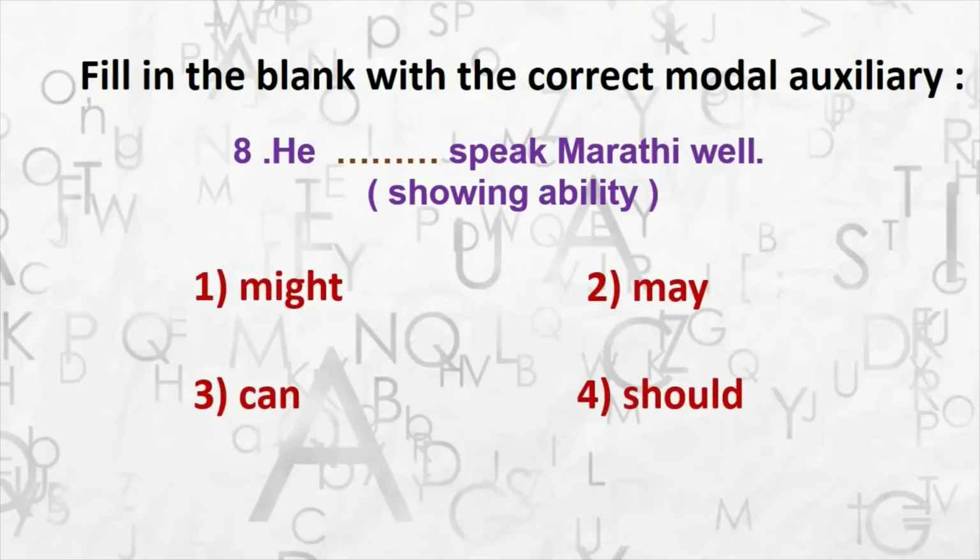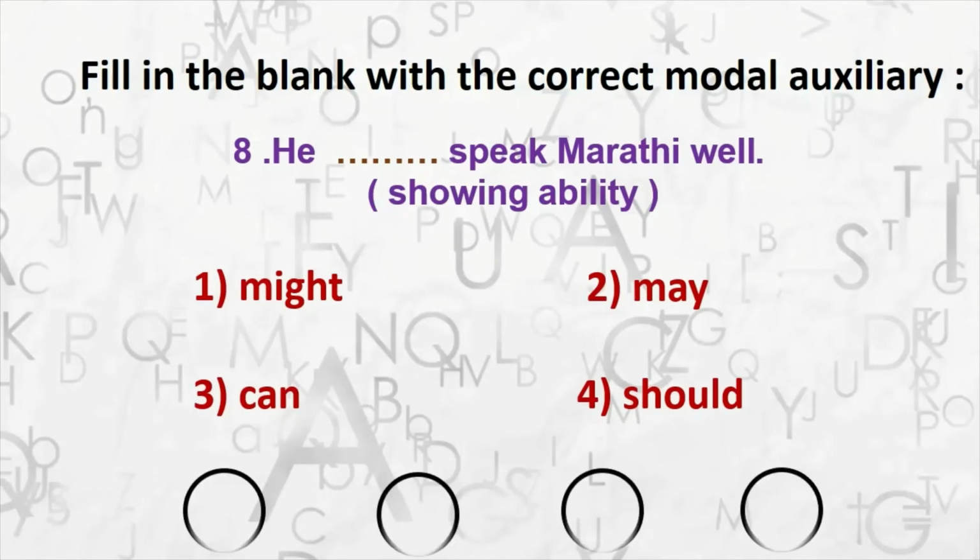We have might, we have may, we have can, and we have should. But the word which we write here should reflect his ability to speak Marathi. So which will be the correct option? Yes, it will be option number 3, that is can. So he can speak Marathi well.